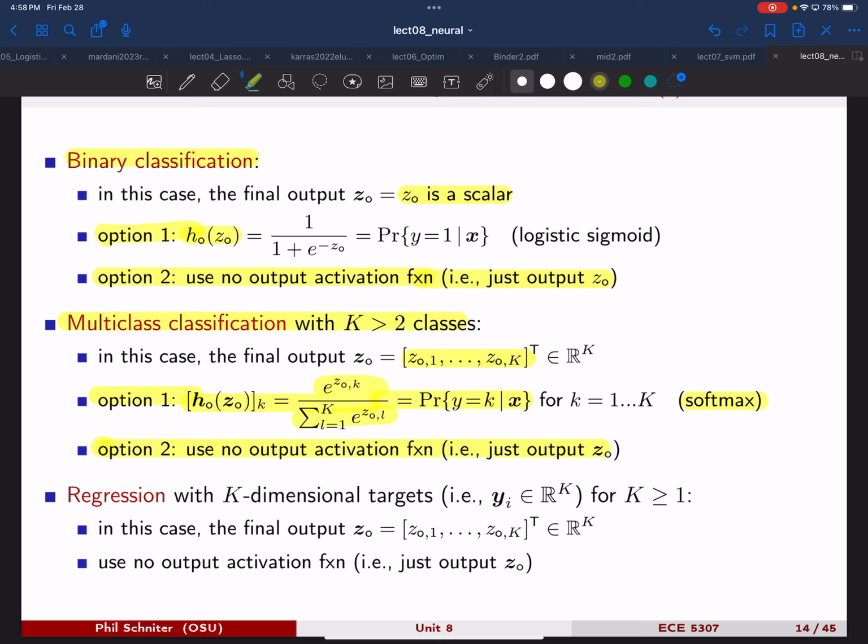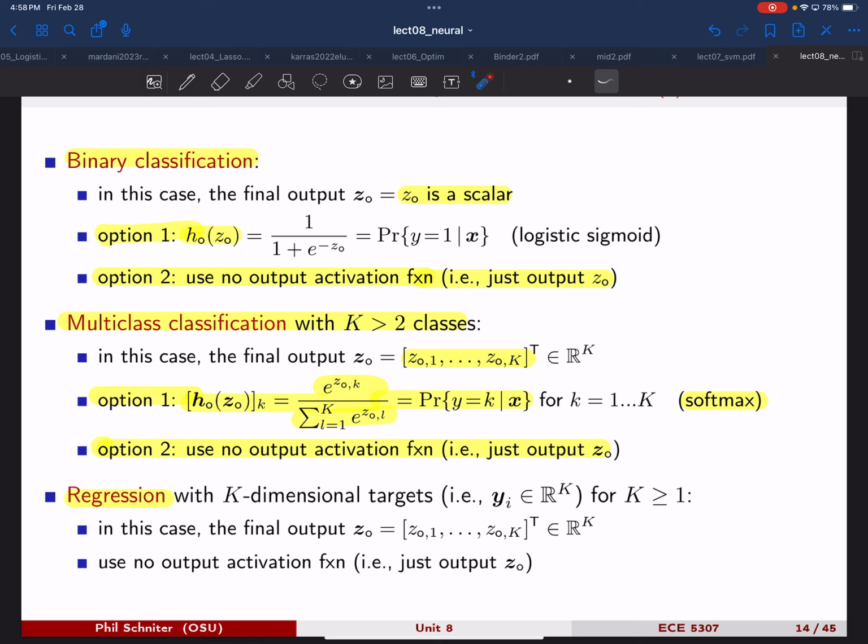And then the final situation that we might encounter is when we're doing regression. Here we're not doing classification. We just want to predict some real number targets, and maybe we have more than one of them. I think we've seen that in one of the labs where we were predicting several targets simultaneously. So in that case, if we want to predict k targets, we want our network to output k different numbers, and each one of these numbers we want to come as close as possible to the kth target.